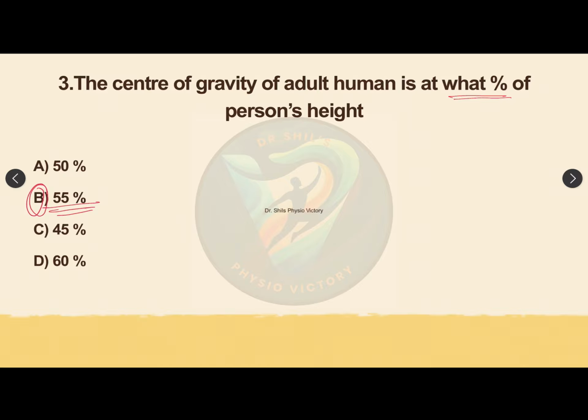COG is a point where total body weight acts.